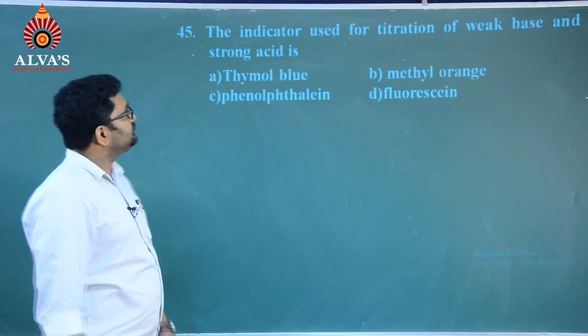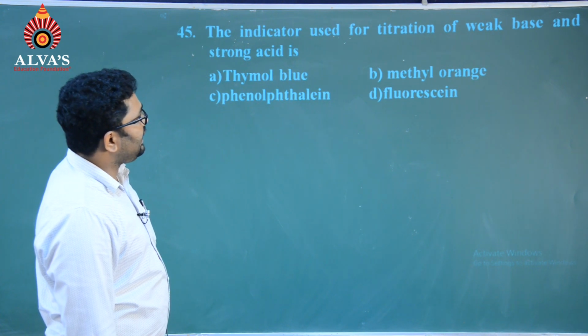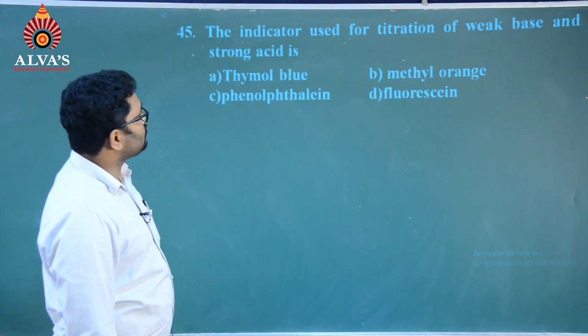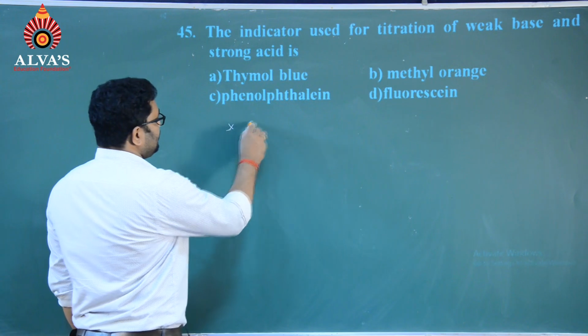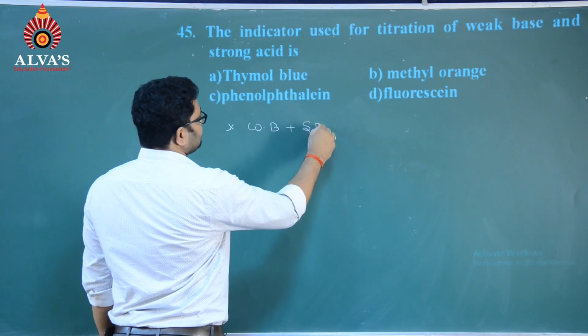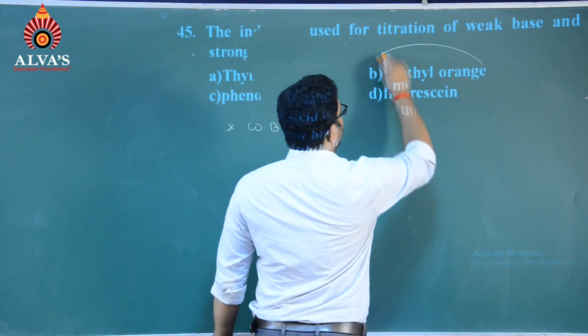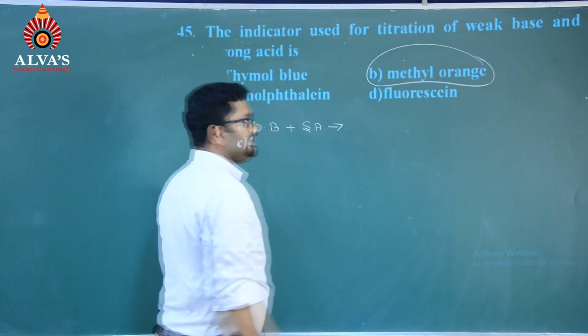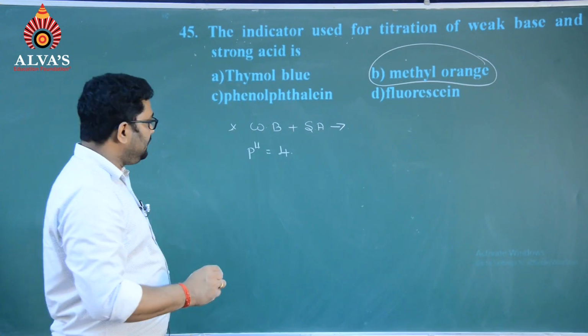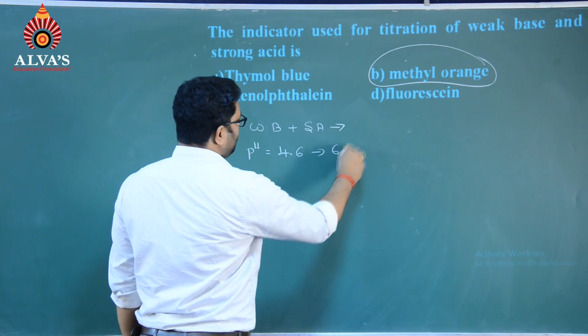Question number 45. The indicator used for the titration of a weak base and strong acid. Students, for a weak base and strong acid, the indicator used is methyl orange. The pH range is 4.6 to 6.2.